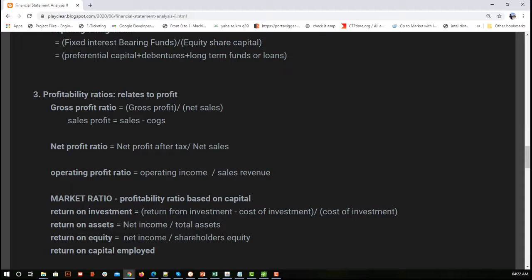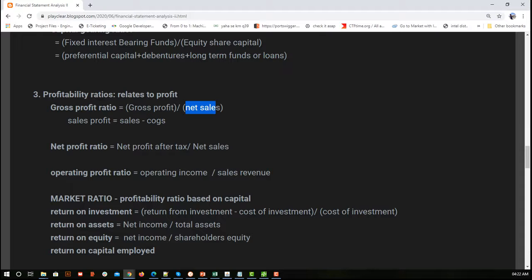Of course 100 by 10 is good, because I'm getting the same profit but the net sales is less. So with this amount of sales, how much profit am I generating? That is my gross profit ratio. The more it is, the better, because the profit should increase and the net sales should decrease, so overall the ratio should increase.